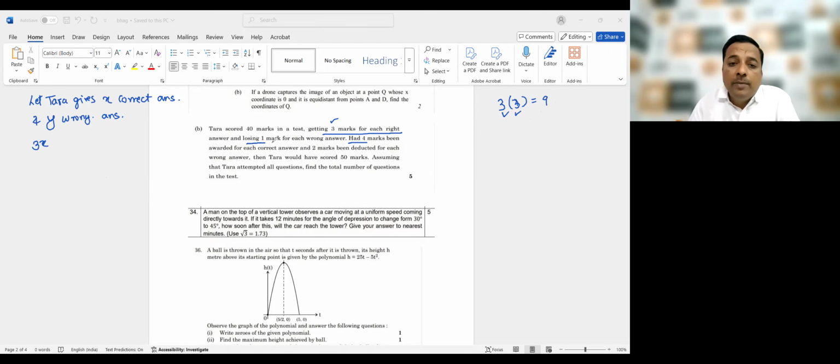And for a wrong answer, 1 mark is lost, so since it is lost we have to subtract: minus 1y, meaning you have to write only y. So right answers minus wrong answers, so she will get 40 marks. This is condition number 1. Understood? Yes. Then again 4 marks awarded for each correct answer, meaning 4x, and 2 marks deducted for each wrong answer, meaning minus 2y, and she will get 50 marks now. Now I think you know how to solve this equation.